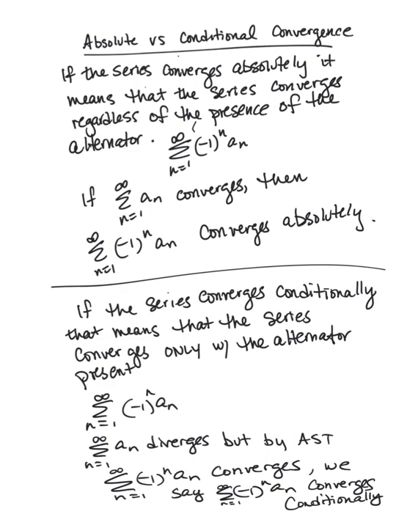All right, let's take a look at a couple of examples. The most famous one that we're going to look at is the harmonic series versus the alternating harmonic series.